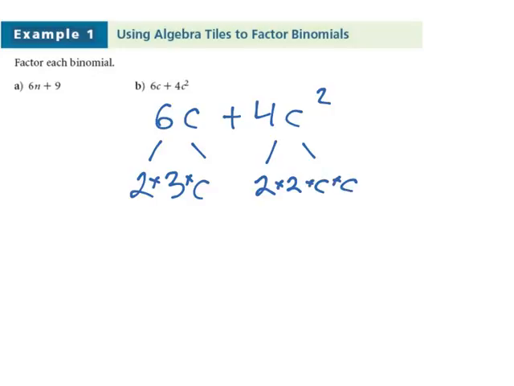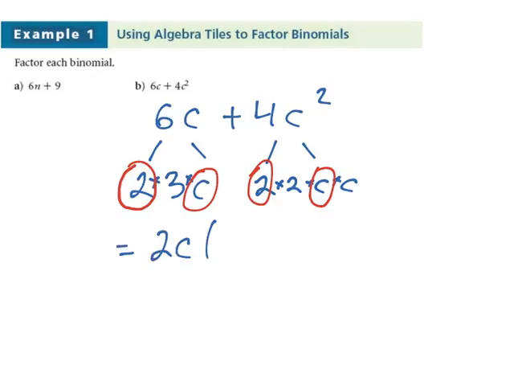So let's identify the common terms, or the common factors. We have a 2 on both sides, and we have a c. So that's one of the factors, the greatest common factor. So 2c will multiply the remaining bits. The remaining, we have a 3, and the remaining 2 in the c, and don't forget to copy the positive.